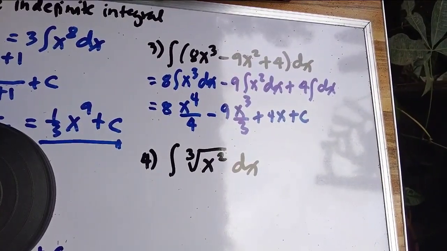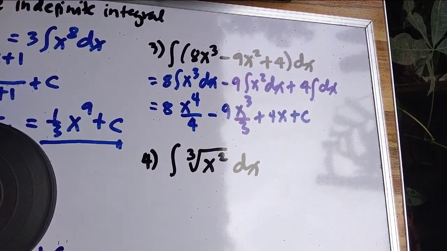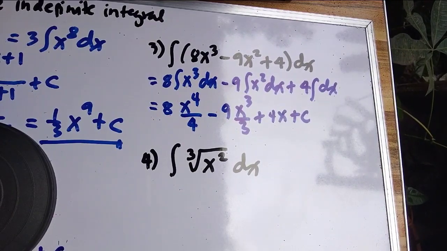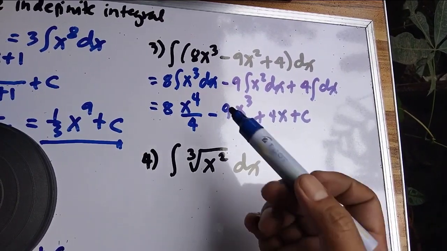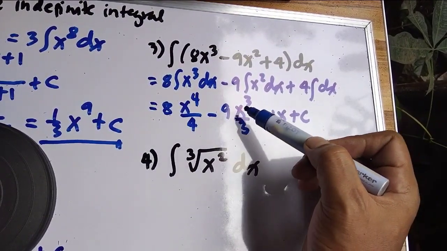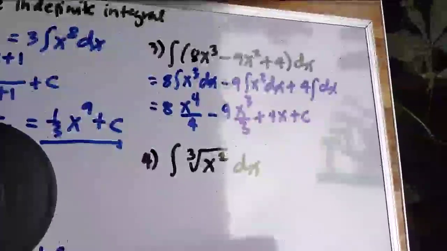Right? In integration, we always add 1 to the exponent. In derivation, in finding the derivative, we subtract 1 from the exponent. So are we through here? Not yet. We need to simplify 8 over 4 and 9 over 3, since they can be simplified.